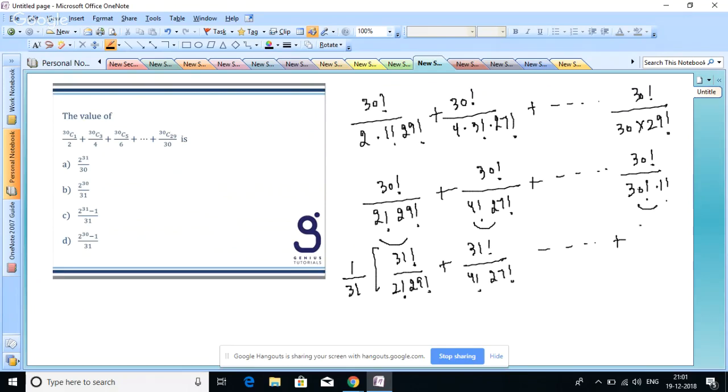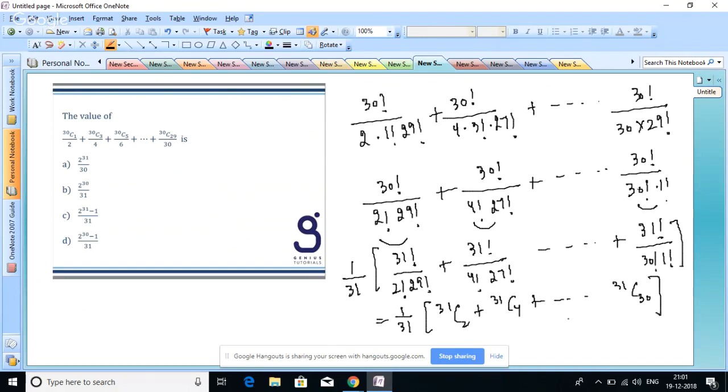And the last term will be 31 factorial upon 30 factorial into 1 factorial. So this will be like 1 by 31 into 31C2 plus 31C4 plus so on up to 31C30. That means all even terms 2, 4, so on up to 30.